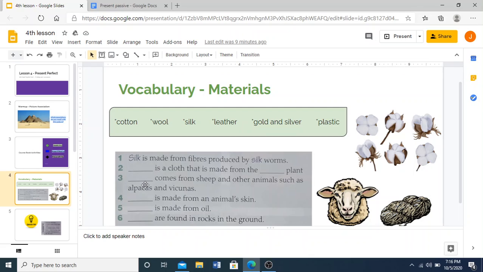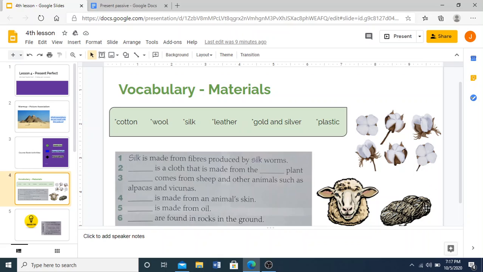Of course, the first one has been done. Silk is made from fibers produced by silkworms. So this silk is actually made by worms. The worms are called silkworms, and it is a material that is used for making a specific kind of cloth.